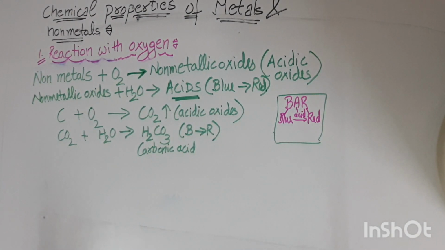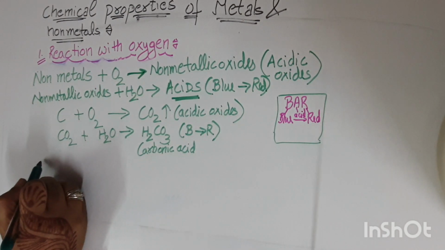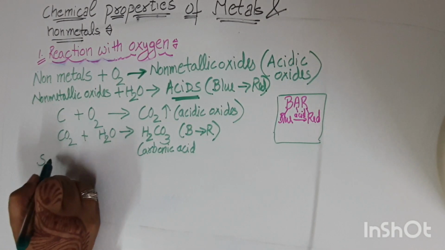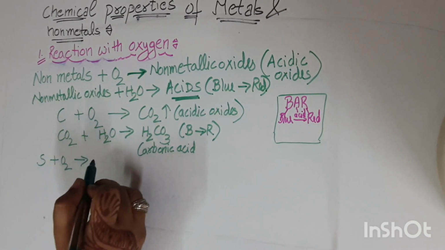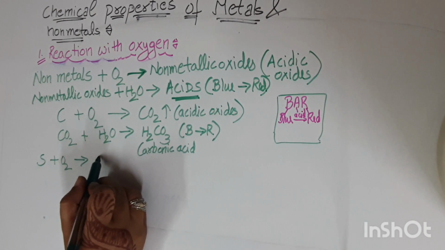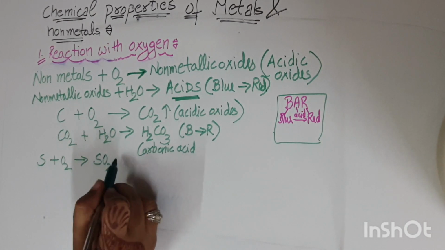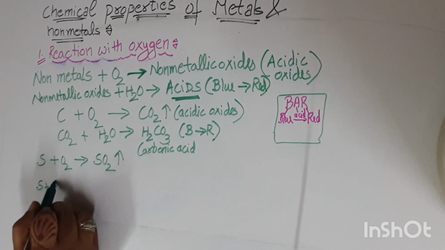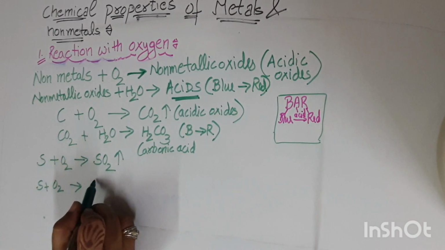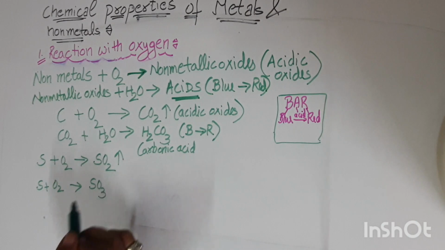The other example you can take is sulfur. Sulfur, which is another non-metal, reacts with oxygen and can form two types of oxide, either sulfur dioxide or sulfur trioxide.